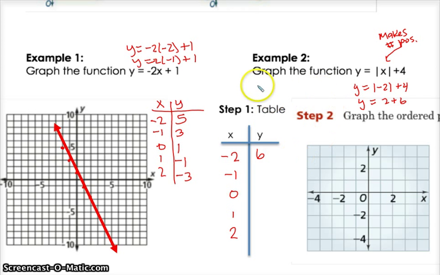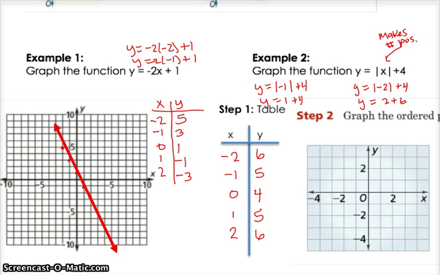If I plug in -1, it's y equals the absolute value of -1 plus 4, which is really y equals 1 plus 4, and that's 5. And I can follow on along. If I plug in 0, that's 0 plus 4, and that's 4. If I plug in 1, it's 1 plus 4, and that's 5. And if I plug in 2, it's 2 plus 4, which is 6.